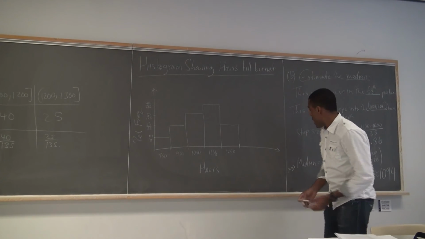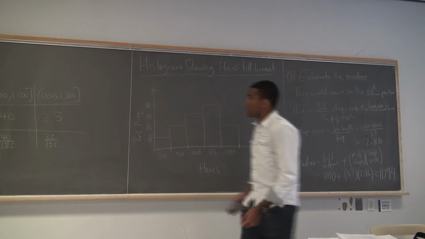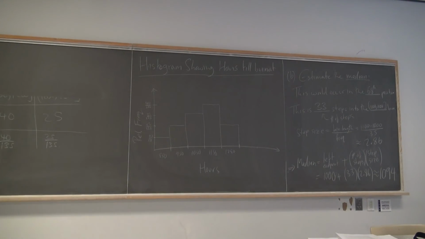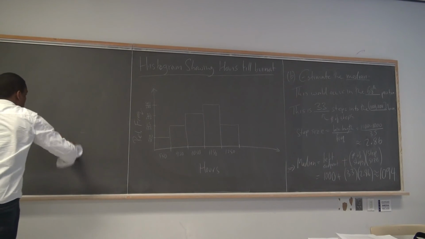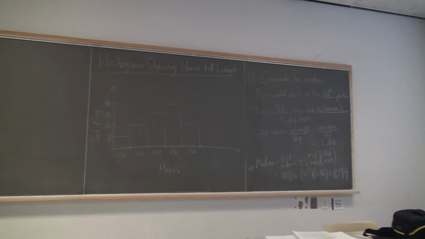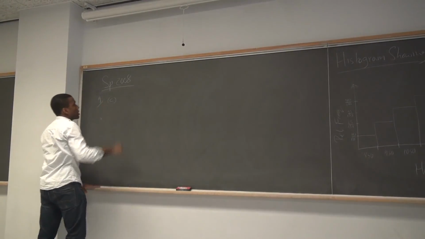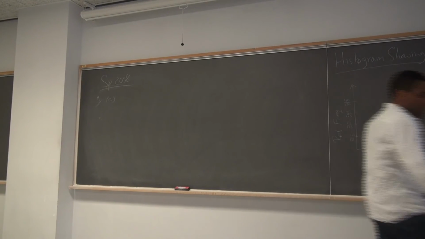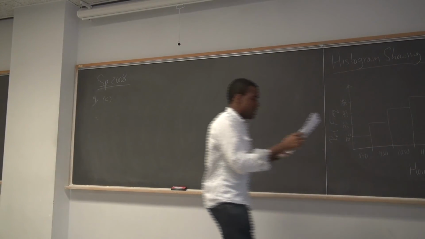How would you estimate the average? Here's the table, so this is called 9 part C. So how do you estimate the average?